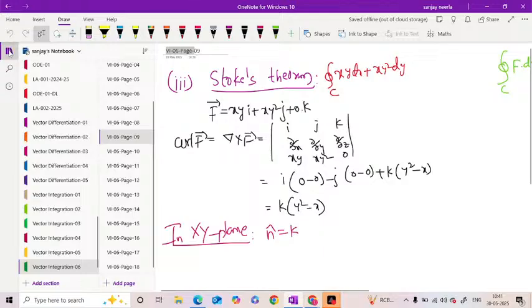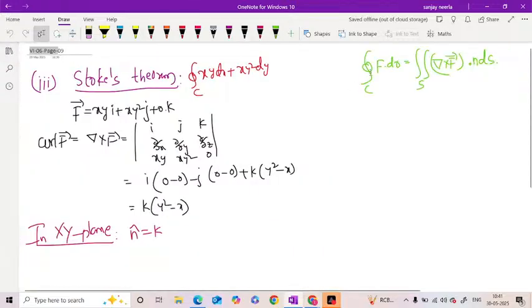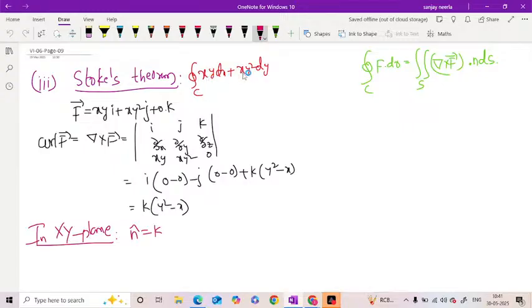Next one, the Stokes theorem approach. What is Stokes theorem? The line integral of F dot dr is equal to the surface integral of curl, del cross F dot n dS. First of all we have to identify the vector point function. It is clearly given here, the single integral of xy dx plus xy square dy.